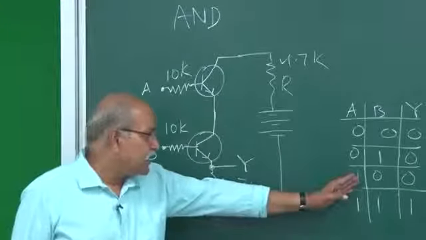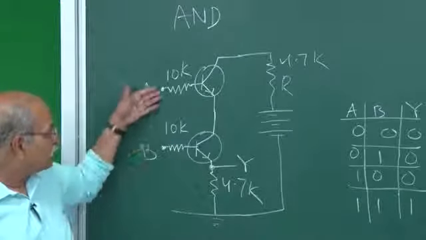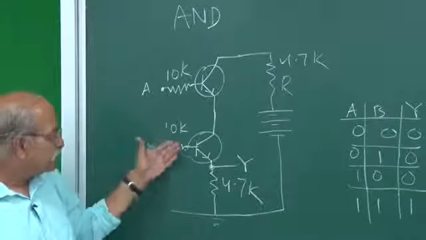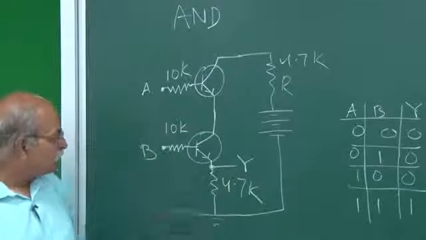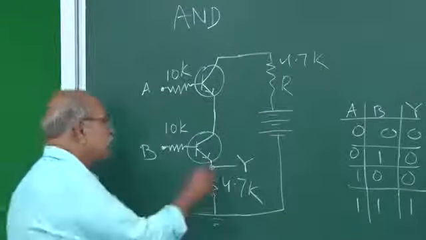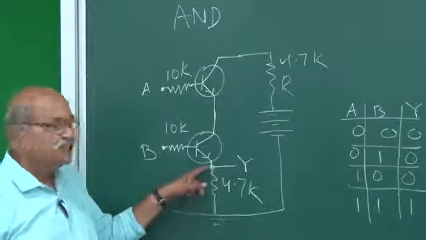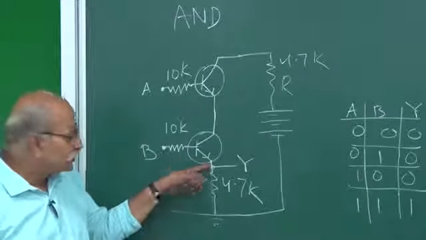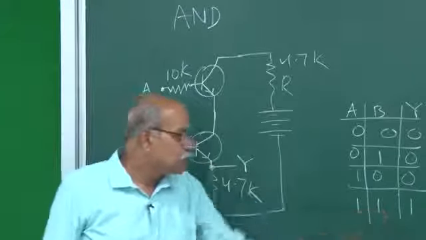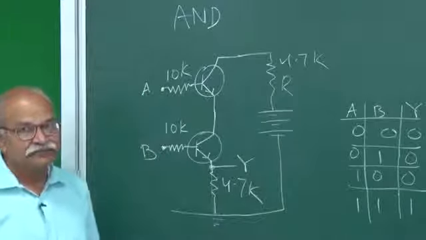Same thing is A is 1 and B is 0, and only if A and B both are given high voltage, then both are in conducting mode, saturation mode, and then you have lot of current going from emitter, the current goes in this direction. So, if this is 0 potential, this will be at a higher potential. So, that V is equal to R I is satisfied. So, 1 1 gives me 1.